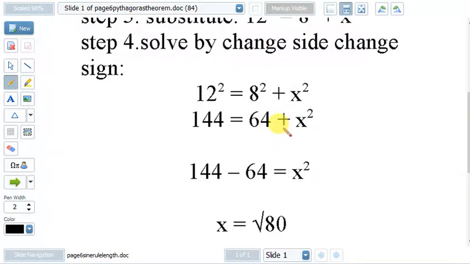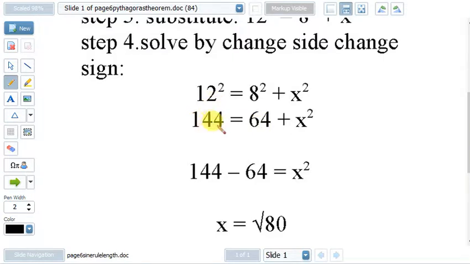Next we solve by change side, change sign. So with change side, change sign, what you're trying to do is get unknowns on one side and knowns on the other. So first of all we've got to get rid of these squareds. So 12 squared is 144 and 8 squared is 64.